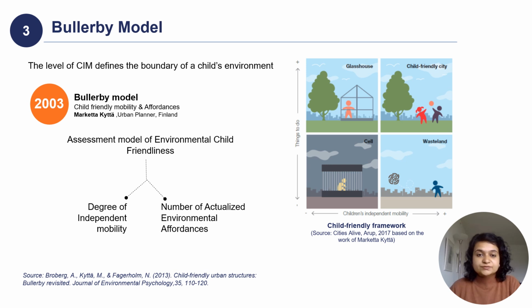In contrast, if an urban setting does not provide these opportunities, it is compared to a cell. To convert an urban setting with the characteristics of a cell to a child-friendly city, researchers acknowledged that there is a need to understand the multiple and complex factors behind it.